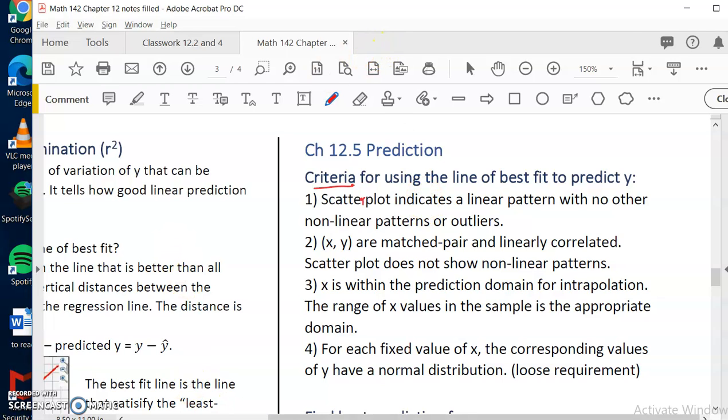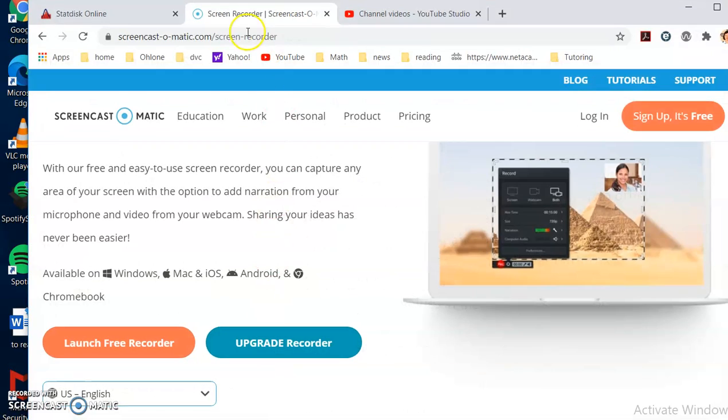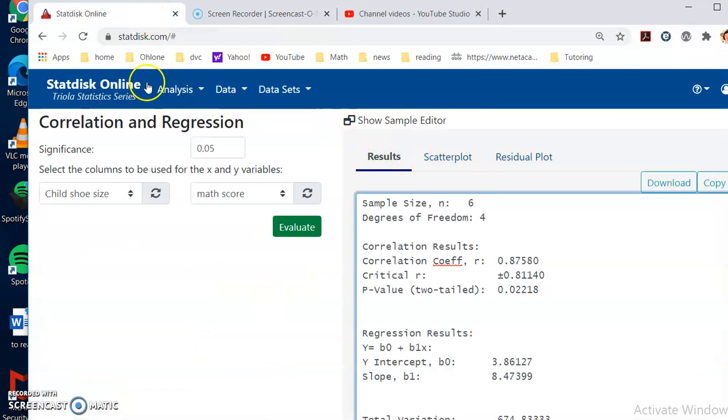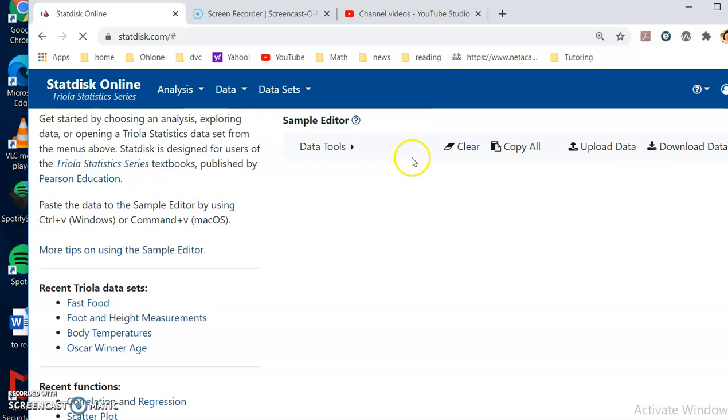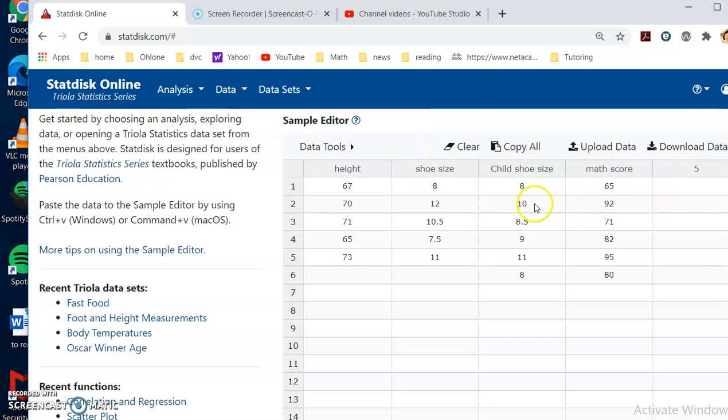Look here. If I go to stat and write something that is not linearly related, like earlier, height and shoe size are not, right? So let's say 4, 5, 6, 2, 4.